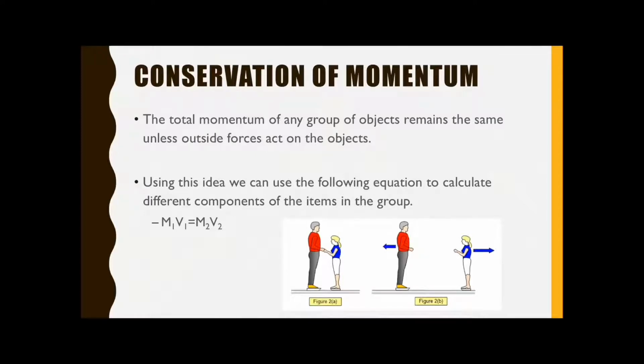So using the idea that unless an outside force is acted upon it, the momentum stays the same, we can use the equation m1v1 equals m2v2 to calculate different components of the items that are in that group. So using this equation, we could figure out the mass or the velocity of each of the end balls that are moving in this awesome little contraption.